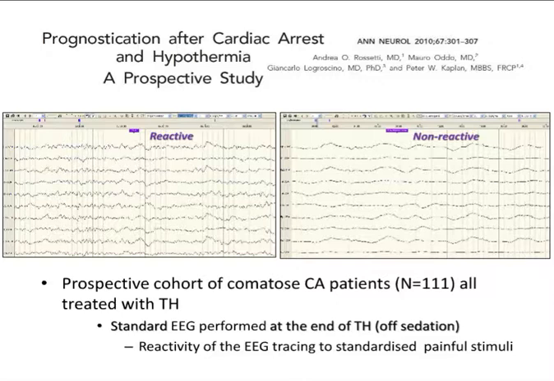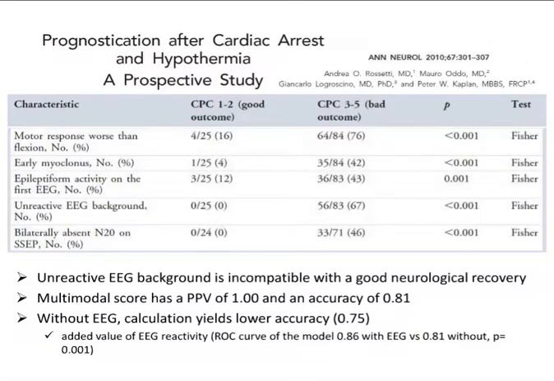We assessed this prospectively in 111 comatose cardiac arrest patients treated with hypothermia. And when you incorporate EEG reactivity into a multimodal approach, where you have neurological examination, so this answers Yannick's question, you have to incorporate neuro-examination, then EEG, and then evoked potentials, we were able to really increase our predictivity of good outcome.